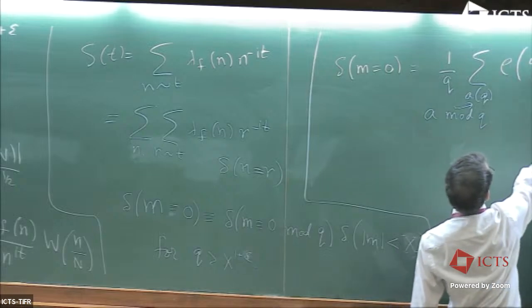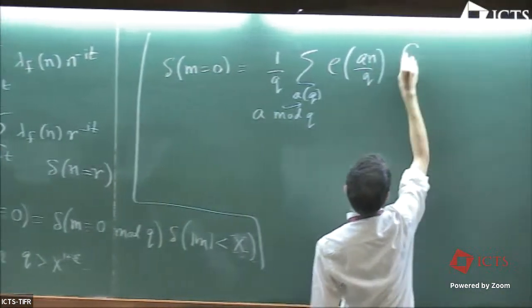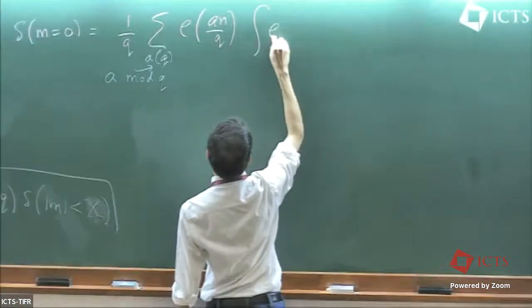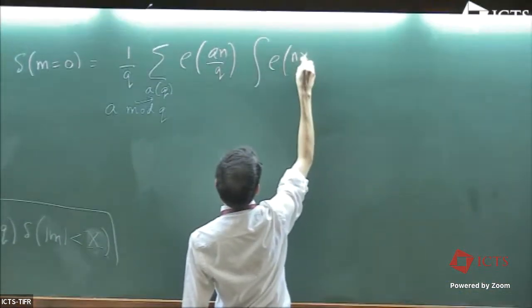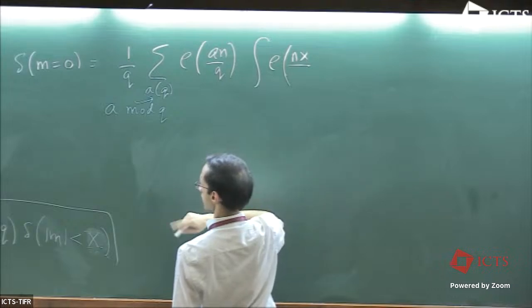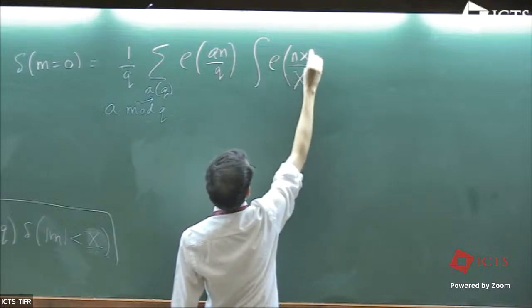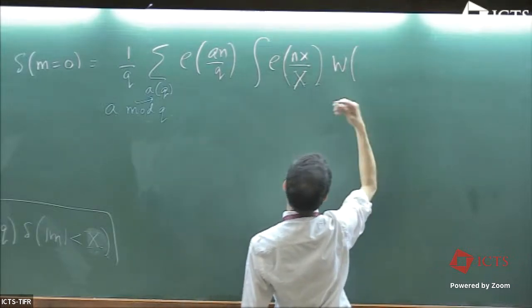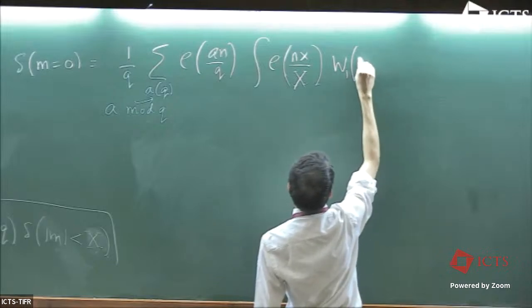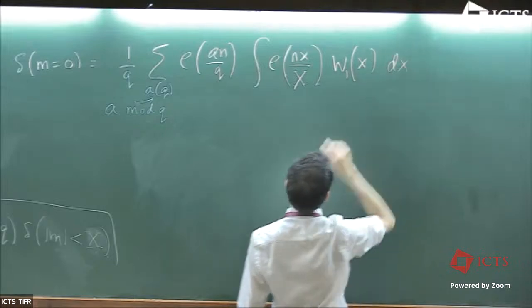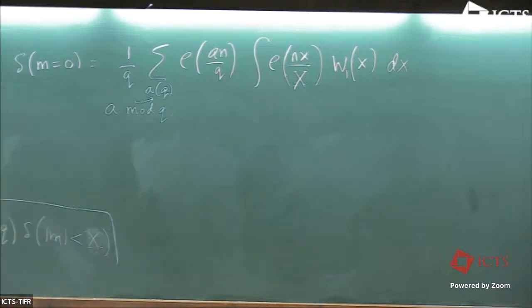This is e(an/q), and then the integral of e(nx/q... ) where x is the variable I'm using, times another smooth function, let's say W1(x), dx. If you do repeated integration by parts, you will exactly get that expression.